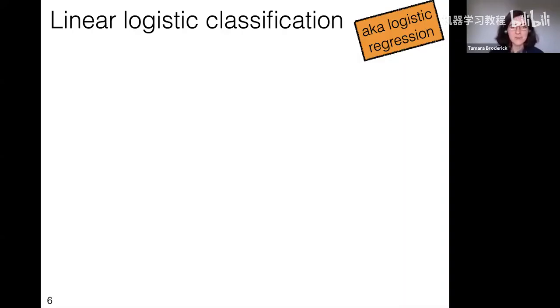Now, the reality is when you go out into the world and you use the method that we're going to be describing, it's called logistic regression. We're going to cover regression in a lot more detail in, I think, next week. And we've already talked about how regression is a little bit different from classification. So don't get too hung up on this. It's just a name. But this is definitely a classification algorithm.